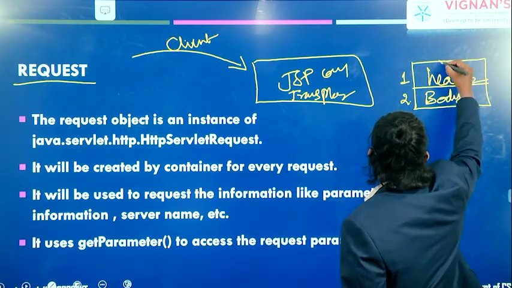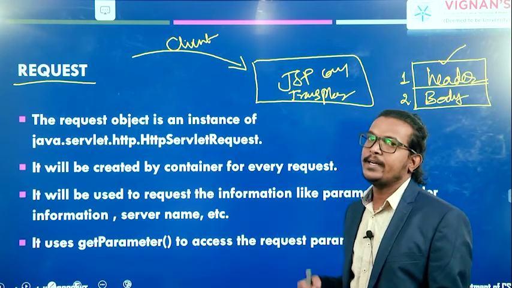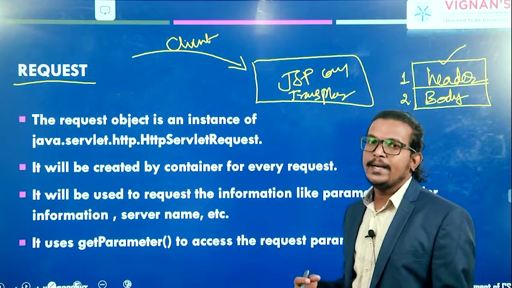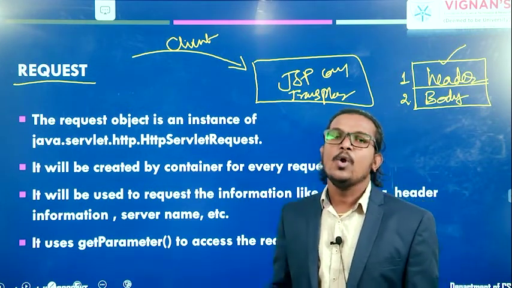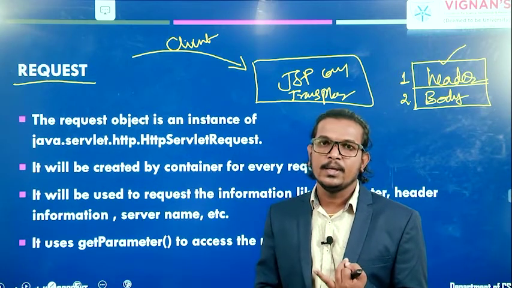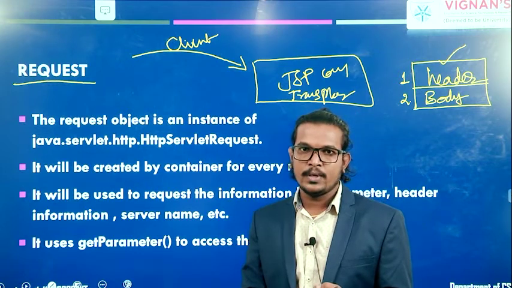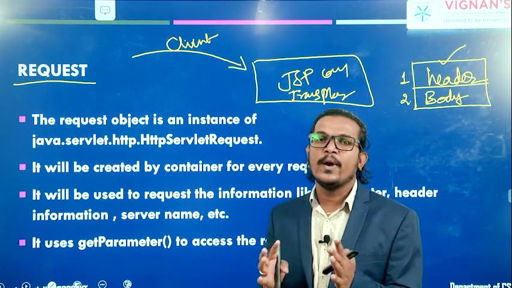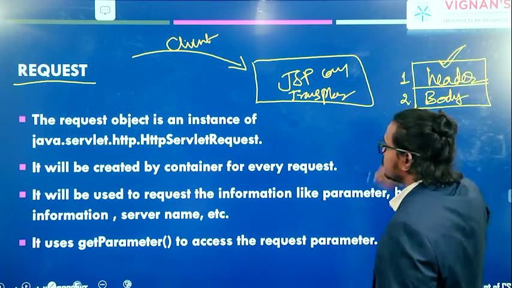In this header part, we are maintaining the header related information. What is that header related information? What type of technique you are using for encoding the data, and what type of language you are using. All those required information is available in this header part. Clear?